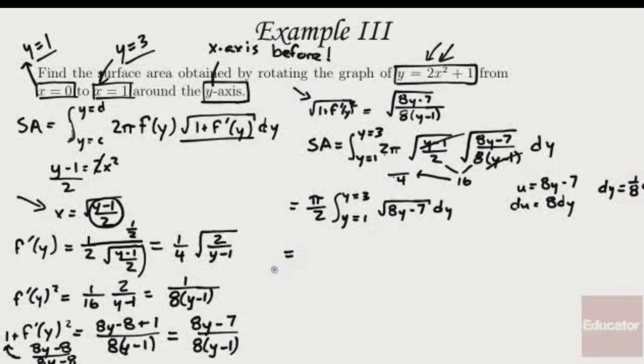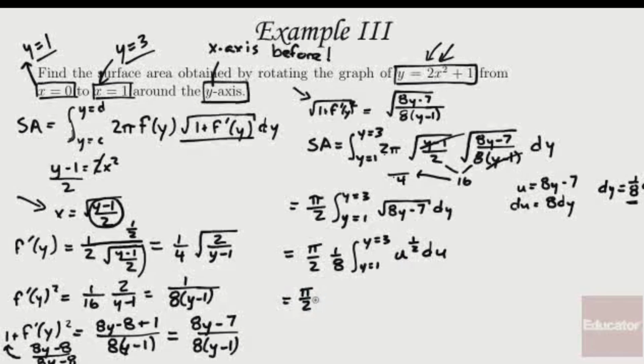So what we get now is pi over 2 times the 1/8 that we got from the du here, times the integral from y equals 1 to y equals 3 of u to the 1/2 du. So that's pi over 2 times 1/8.